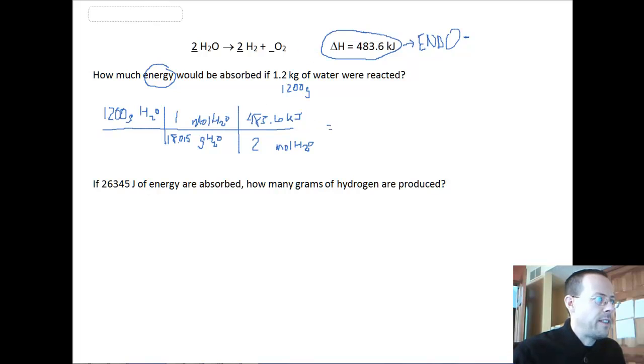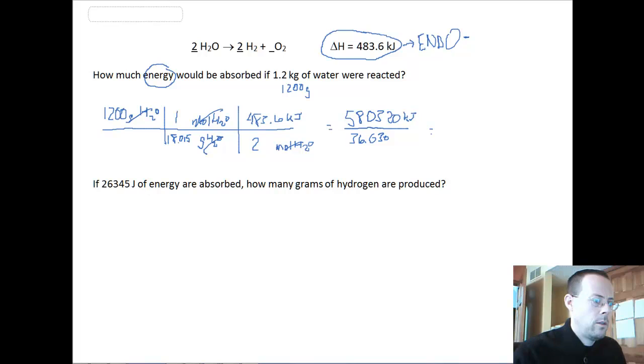So we're going to have 58,320 kilojoules, all divided by 36.030. Alright? And moles of water is gone, grams of water is gone, so we're left with kilojoules, which is the unit we want.